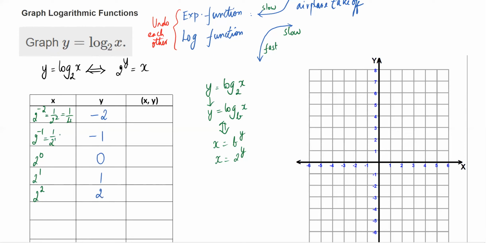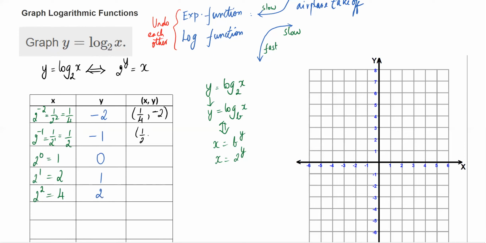The rule is to flip the base, change the sign, 1 over 2. After this, no negative powers. So 2 power 0 is 1, 2 power 1 is 2, 2 power 2 is 4. Very nice, we got that. So now let's write this as 1 over 4 comma negative 2, 1 over 2 comma negative 1, 1 comma 0, 2 comma 1, 4 comma 2.